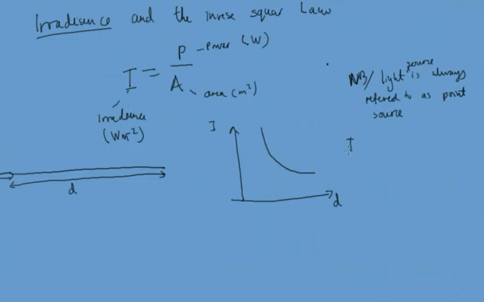And irradiance is inversely proportional to the distance squared. So I equals k over d squared, where k is the constant of proportionality.